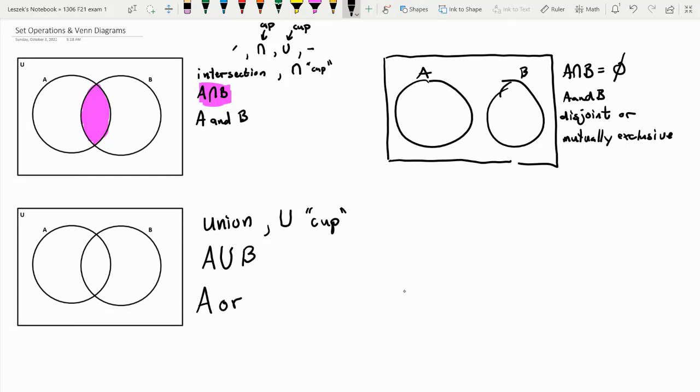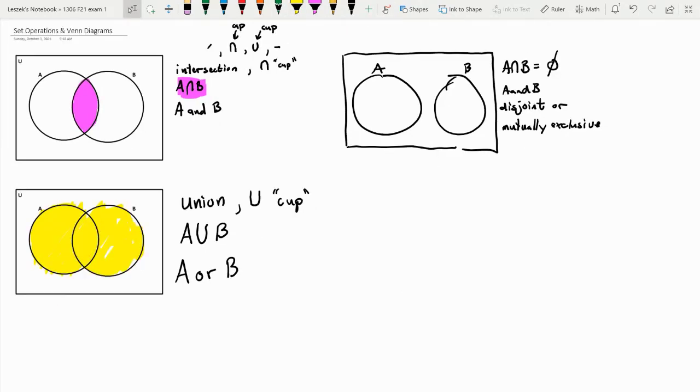So be careful, right? Colloquially, when you use the word or, sometimes we mean A or B, but not both. It's one or the other. But in terms of sets, it's possible that you can be in both and still be in the union, right? You have to be in at least one of the two sets. It's like the melding of the two, the marriage of the two sets.